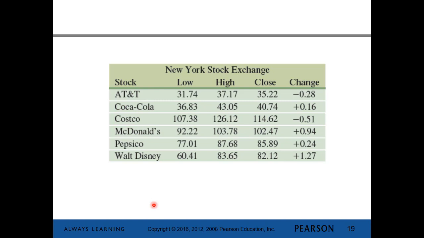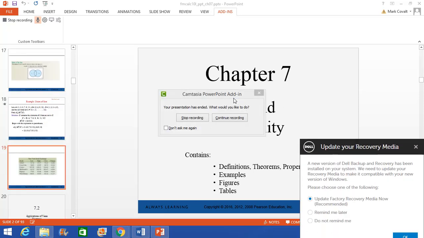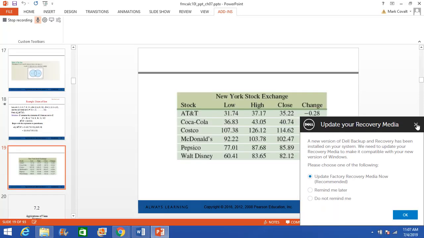Well, let's see, we've got 1, 2, 3, 4, 5, 6. So in this case, we're going to end up with 64 different subsets of having these different stocks. But let's get out of here for a second.